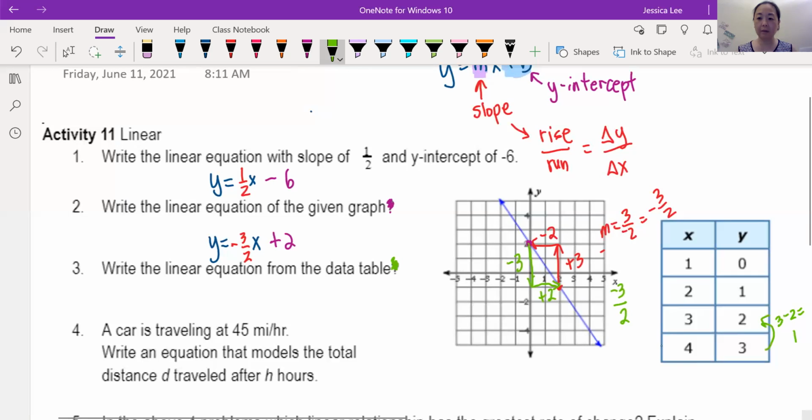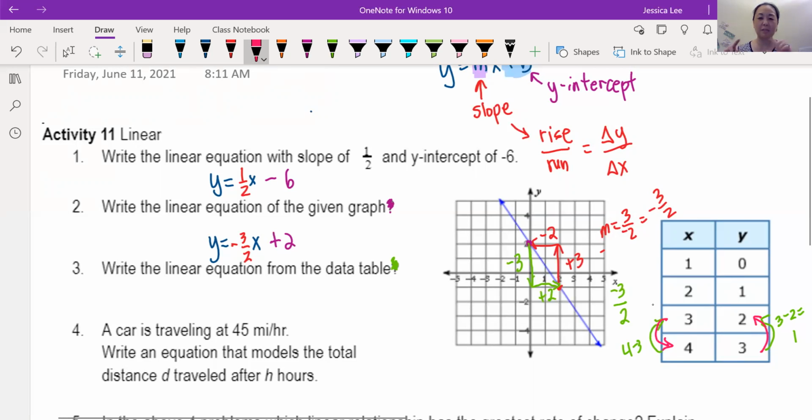All right, and then I'm going to go in the same direction. I'm going to go 4 minus 3. Notice I put an arrow this way, right? Whichever way you put the arrow, it just needs to be the same for both the y and the x. So you can't do, oh, I'm going to subtract the 3 minus the 2, and then I'm going to go 3 minus 4 here.